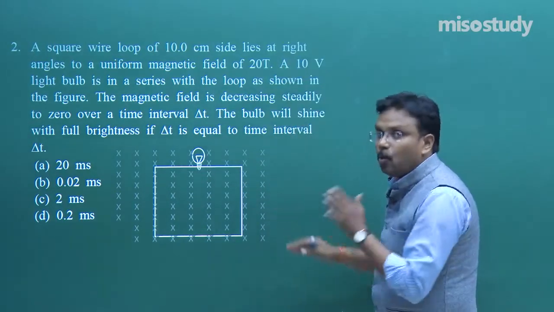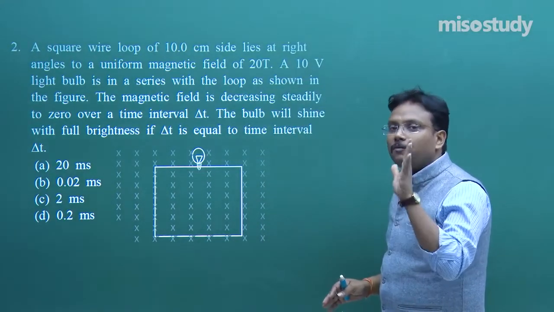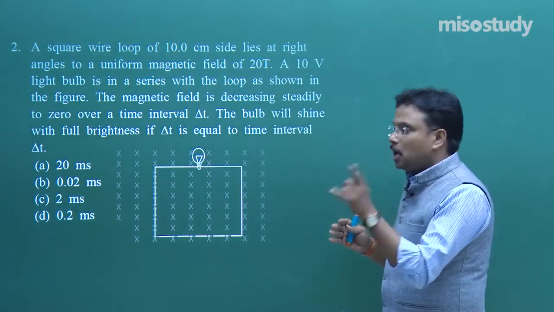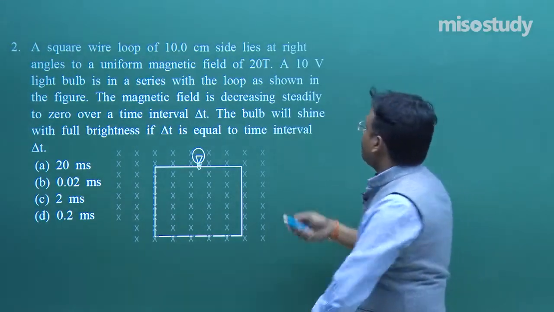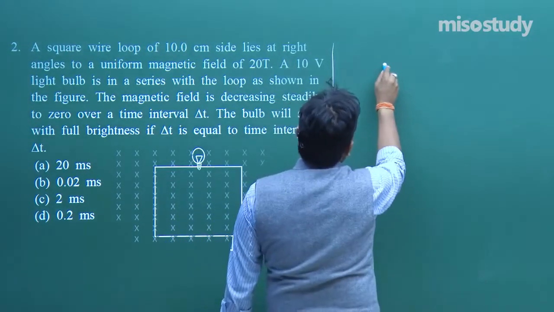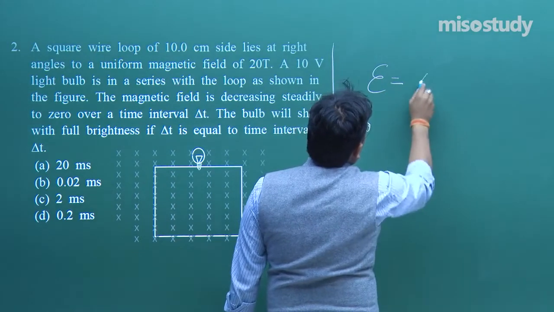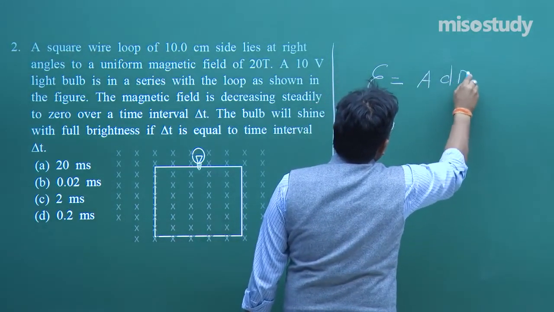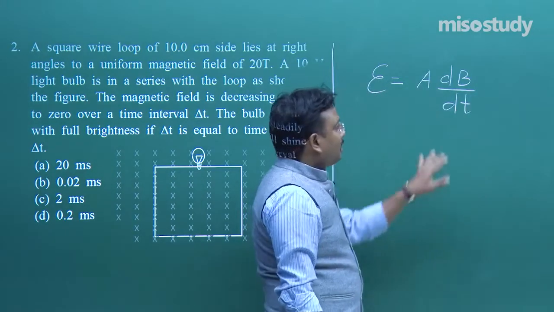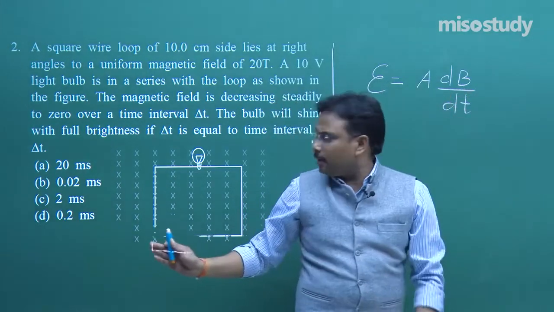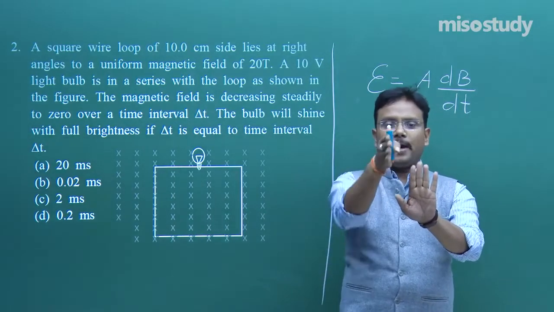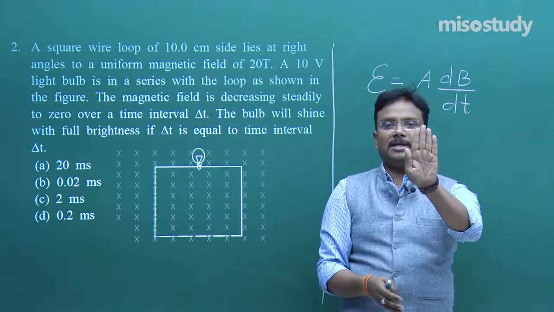I explained, we are going to use the formula, and the formula is more or less similar to question number 1. Fine. What is that formula? Induced EMF is equal to A dB upon dt. Ultimately, the theta angle is not important over here because the magnetic field lines are this way and the loop is placed in this fashion.